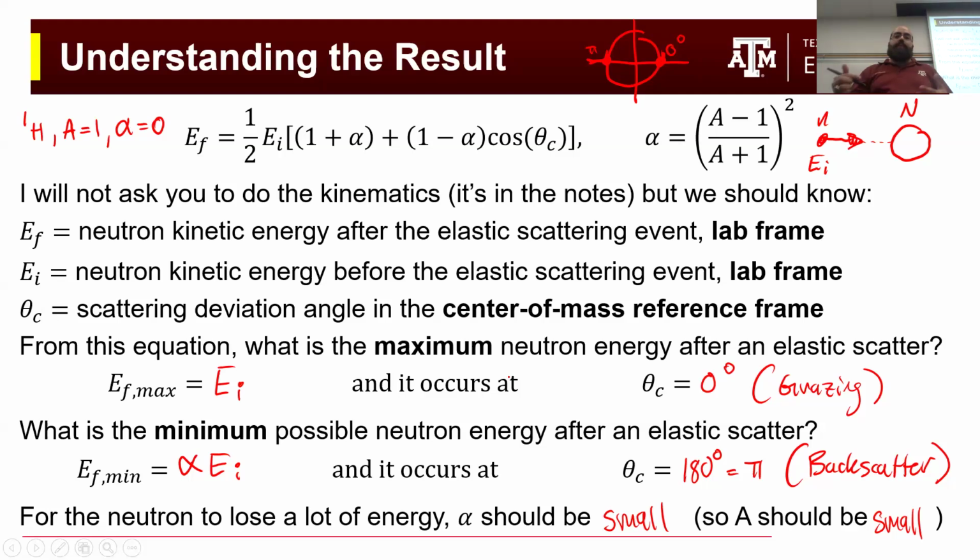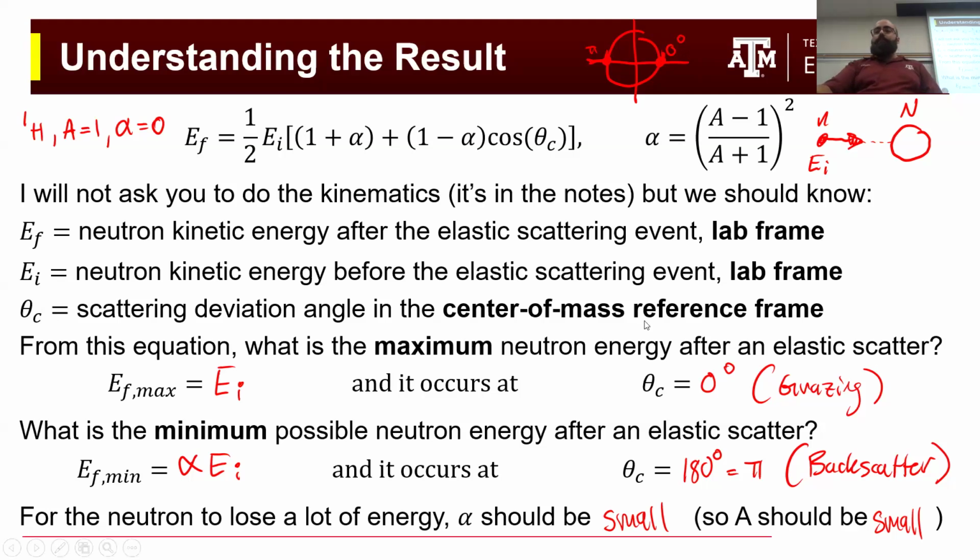That's the most it could lose, is all of it, because for hydrogen, alpha would be 0. And you can imagine that if the nucleus is higher, then alpha will be closer to 1, and then you would lose very little energy. Like if you used uranium 235, then A would be 235, and then alpha would be 234 over 236 squared, which is basically 1. So when that neutron scatters off of uranium 235, it's going to basically lose no energy in that collision.